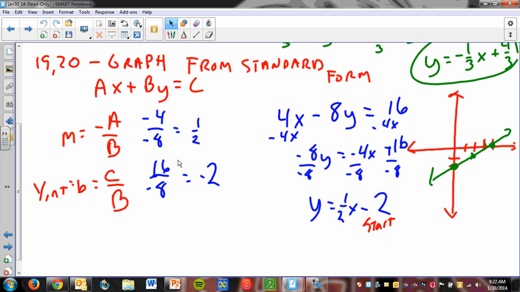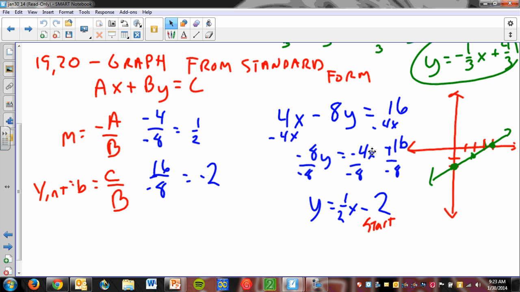Now it's going to have you graph. Now going back to graphing, when we finally get our equation, it's going to give you standard form, ax plus by equals c. So 4x minus 8y equals 16.